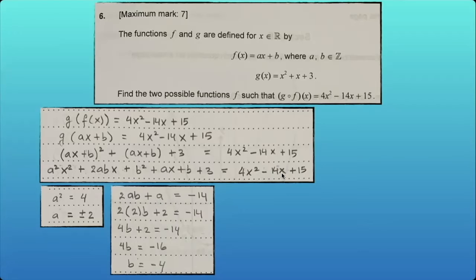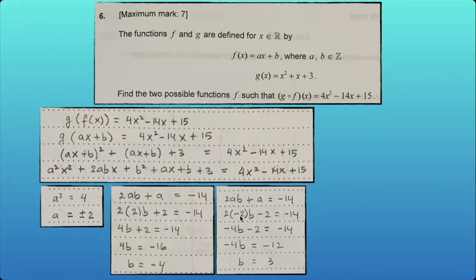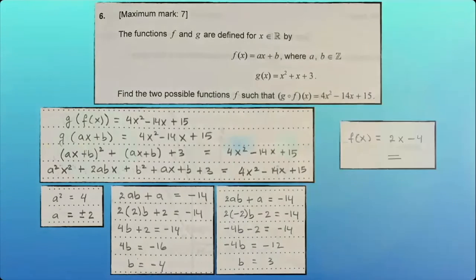Again, we're looking at x, or x to the power of 1. But there are two values of a, plus minus 2. So we can start with plus 2 first. So substitute a with plus 2 to find b, which is negative 4. And then we substitute a with negative 2 to find b, which is equal to 3.